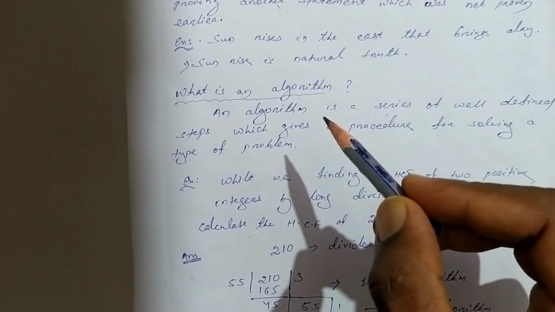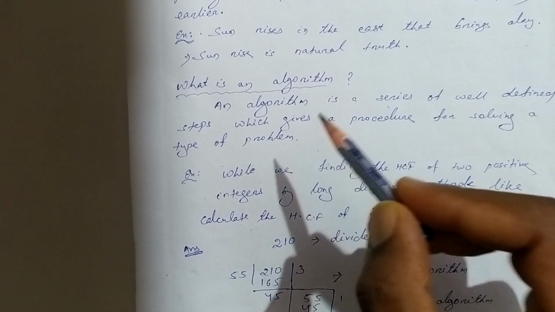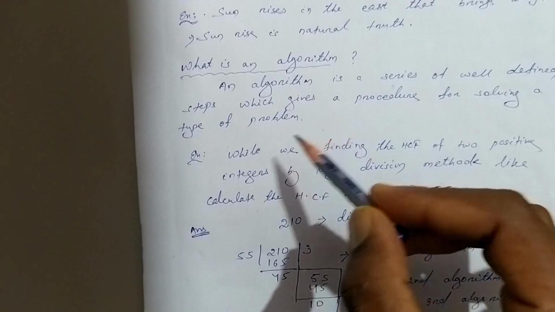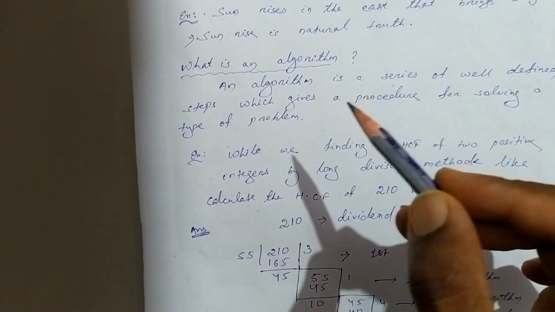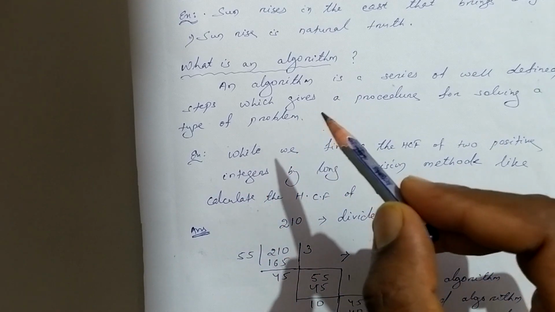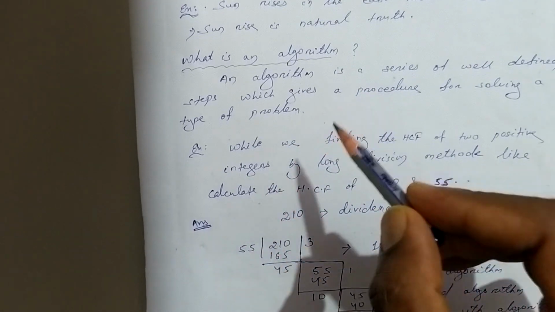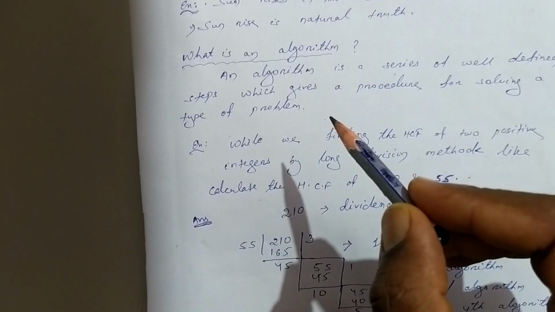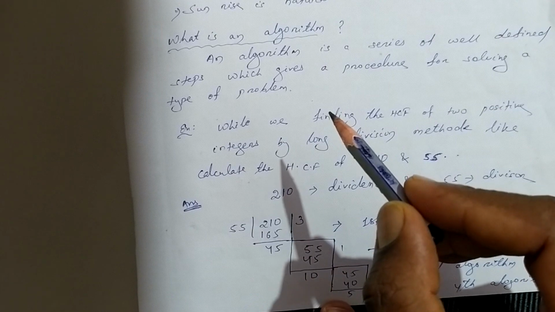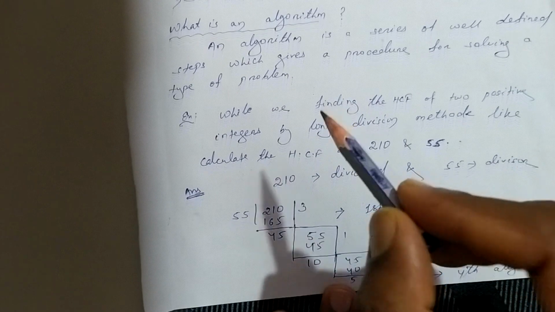Means whenever we are going to solve any problem, we have to find out the steps. Each and every step in solving a problem is your algorithm. Simply suppose you go somewhere, get stuck in some problem, then you have to solve it. You first think which problem to solve first so that I can get some cure for the problem in front of me, meaning I can solve my problem. So you have to find out the steps, each and every step you are following to solve a problem. In mathematics also we call it an algorithm.